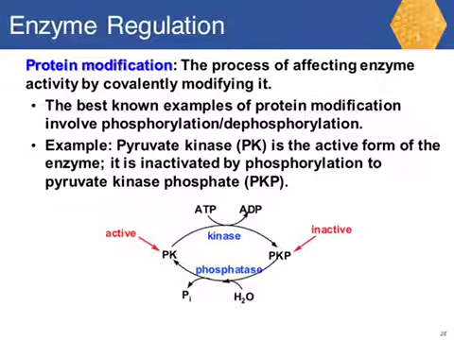The pyruvate kinase is the active form of the enzyme. It is inactivated by phosphorylation to produce pyruvate kinase phosphate. And this is all happening in your changing of ATP to ADP in glycolysis.